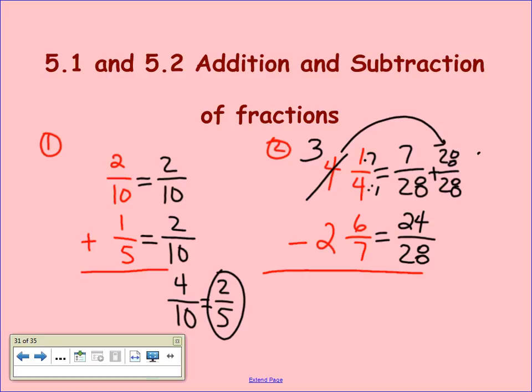So 7 plus 28 is 35 over 28. And from there, now I can subtract. 35 minus 24, which is 11, over 28. And then rather than subtracting 4 minus 2, I have 3 minus 2, which is 1. 1 and 11/28. So if you have any questions about that, make sure to ask me on Tuesday.